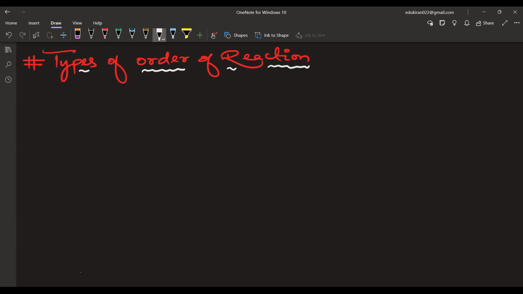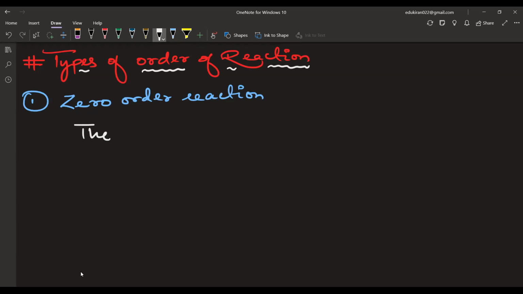So write the topic now. Zero order reaction. What is zero order reaction?